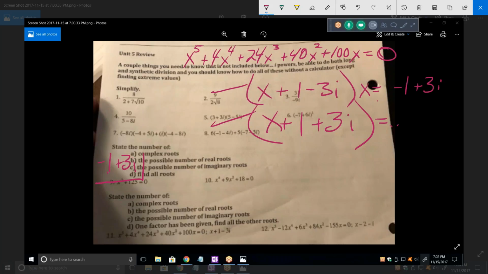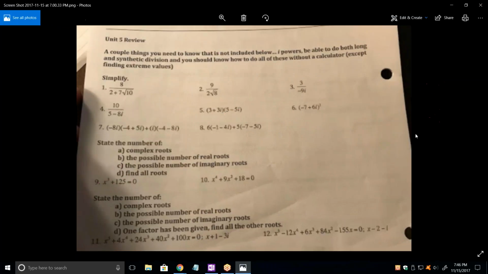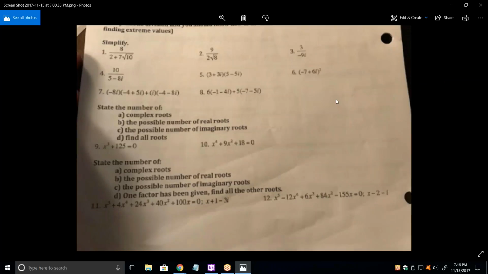Let me make sure that that is that. So those are the 2 things, -1 plus 3i, -1 minus 3i. First of all, do this. Scroll up, take another picture.